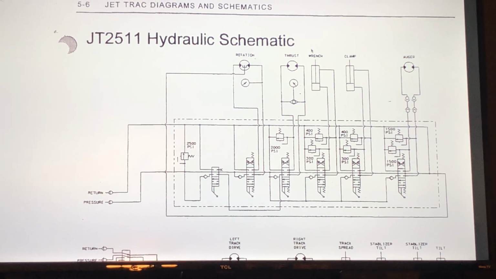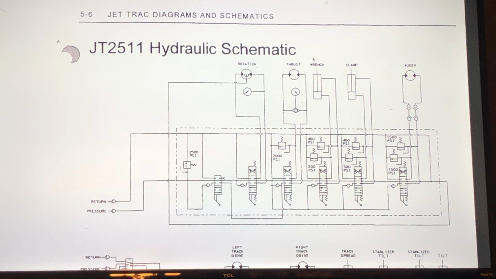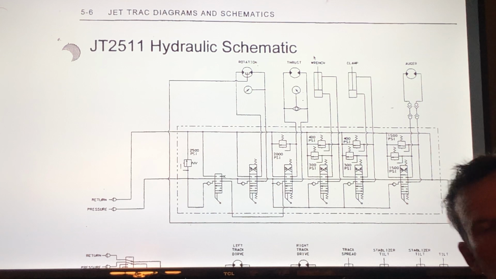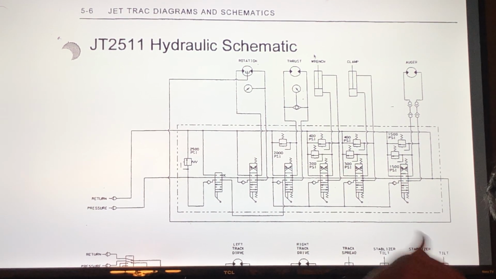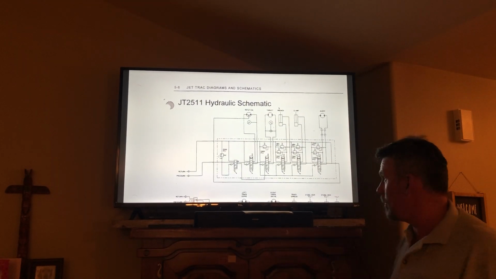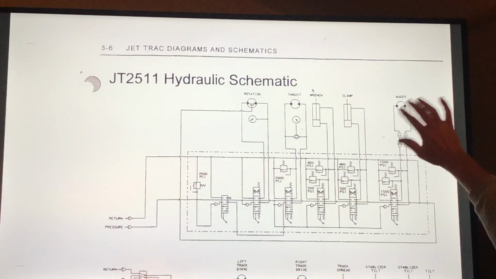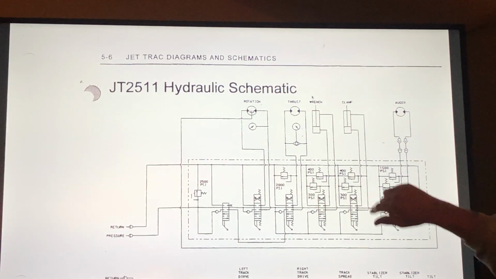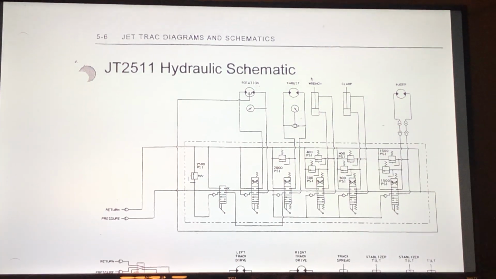As soon as it builds up to 1500 psi, that's when they're going to open. A relief valve doesn't drop the pressure, but it prevents the pressure from going any higher. In this case, 1500 psi is the cutoff limit. So both sides of that auger can only build up 1500 psi because they will never build up to 2500 in that circuit.